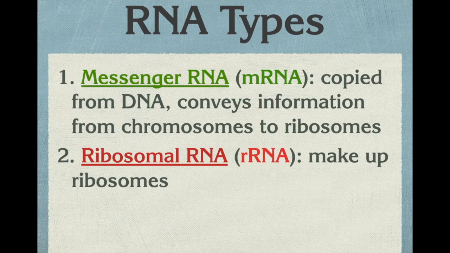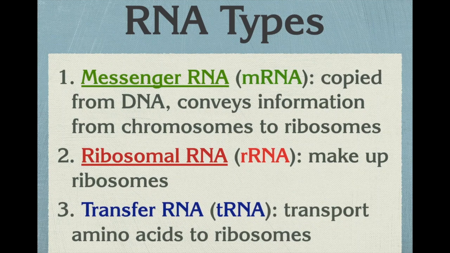It comes into the ribosome, just like a train comes into the train station and waits for the people to come in. And that will be the tRNA. The tRNA is short for transfer RNA. The transfer RNA brings amino acids to the ribosome. They hook in to the mRNA.